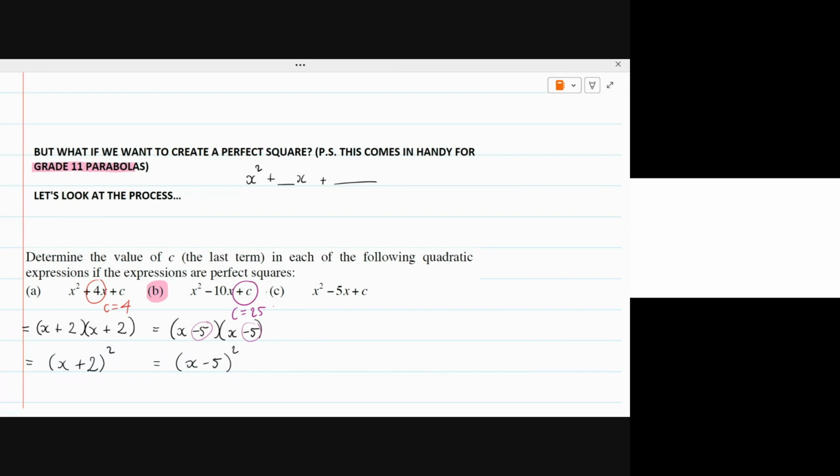Okay, this one is a bit nasty, so I'm going to change it a little bit. I want to see if you guys can get this one. Let me put here -12x. Okay, now think about what value C needs to be in order for this to be a perfect square.